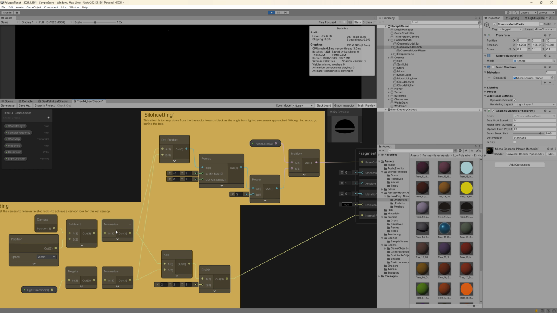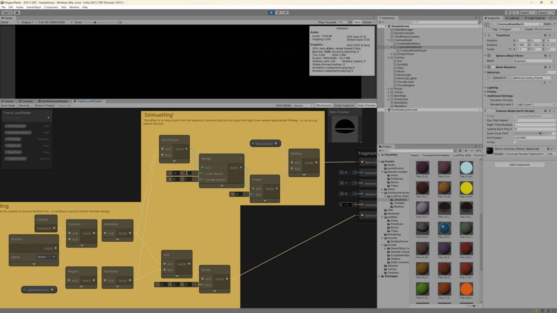So yes, I do need to normalize it, otherwise we'll get numbers that are not between 0 and 1. Normalizing means that our results are always going to range between -1 and 1. So I want to remap those to be used as something that we can multiply the color of the tree canopy by. -1 means we're behind the tree, and therefore the sun is shining straight into our eyes, and there's no triangle formed between us, the tree, and the sun. 1 means we're at the same position as the sun, looking over our shoulder, again no triangle.